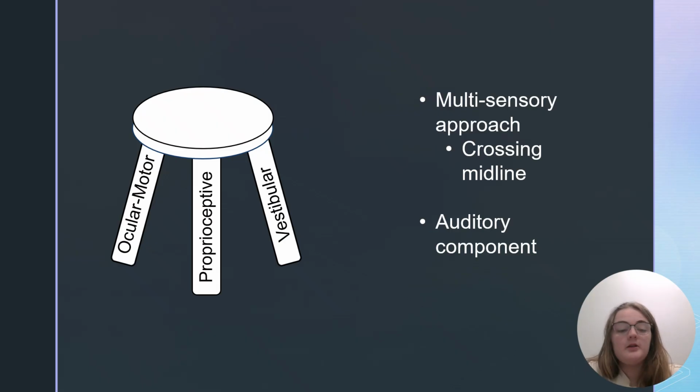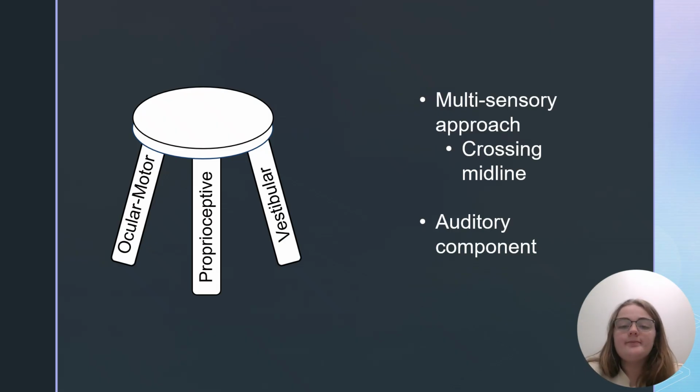The ocular motor component that you're working on is generally going to be convergence, saccades, and smooth pursuits. You're going to be working on one of the three, all three, or a combination of some of them, whatever is necessary for that student.